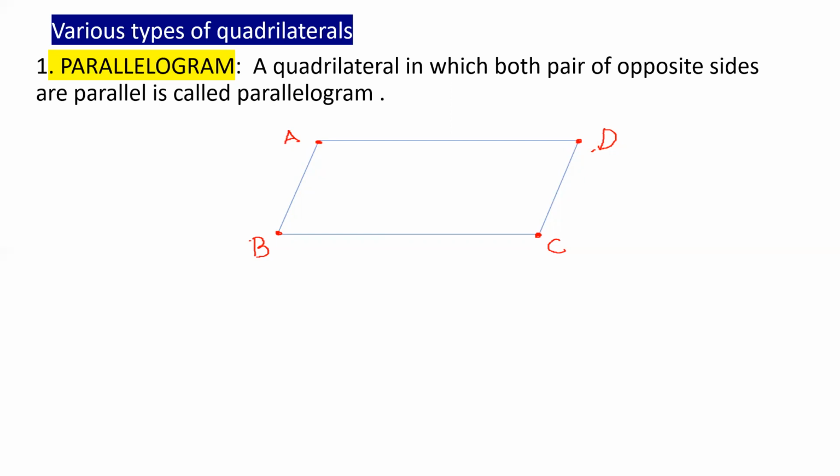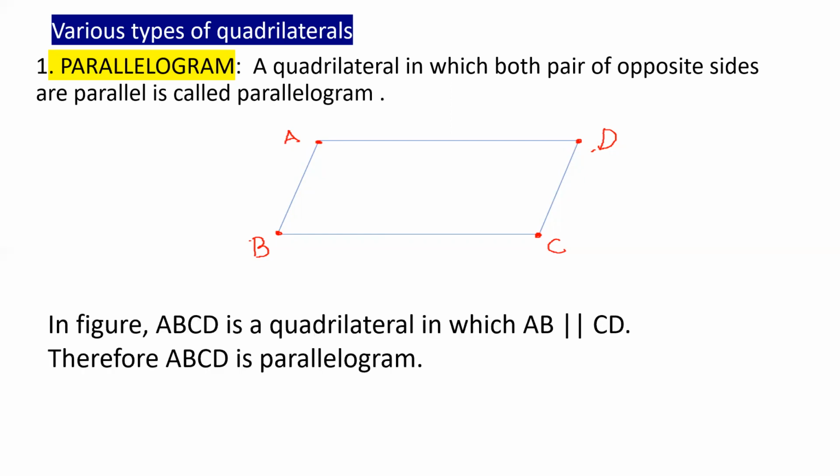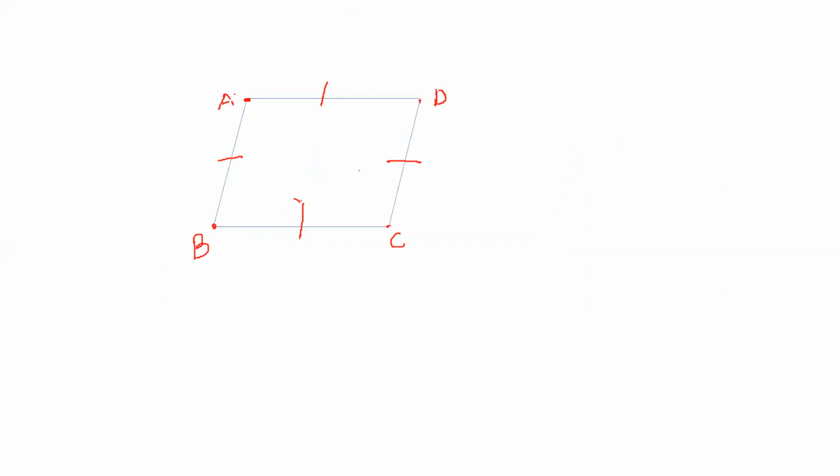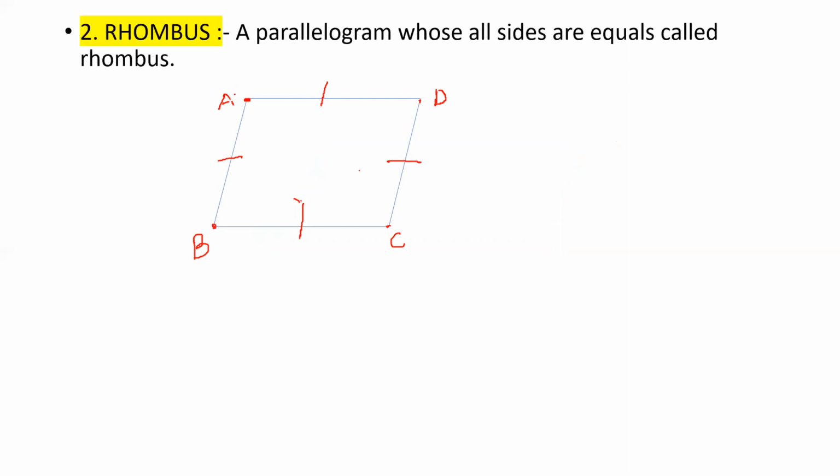The next type of quadrilateral is a rhombus. A rhombus is a parallelogram whose sides are all equal. So all the parallelogram's properties are applicable to a rhombus: opposite sides are equal and parallel, opposite angles are equal, diagonals bisect each other, and consecutive angles are supplementary.